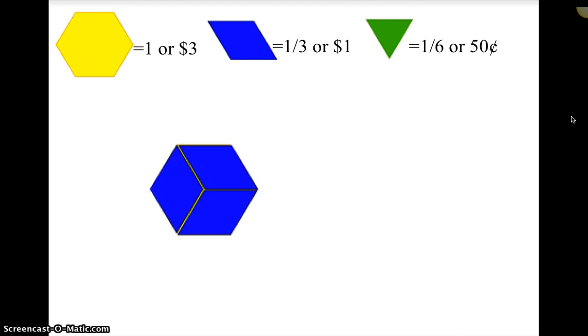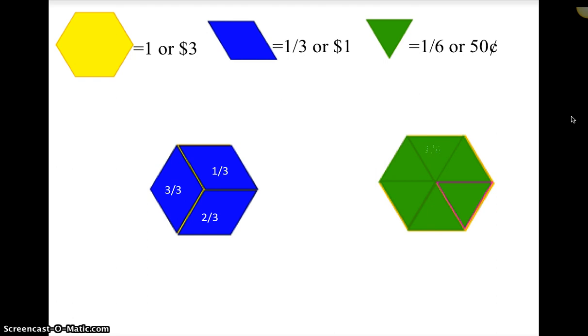So we see if we divide our octagon into thirds, each piece would be 1/3, and each piece would equal $1. If we continue to divide our pie into 6, we see that 1/6 would equal 50 cents, and there are 6 sixths that fit into 1 whole.